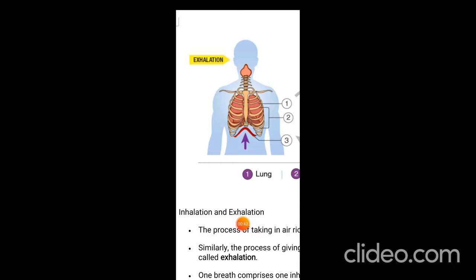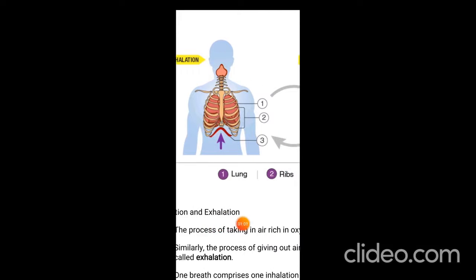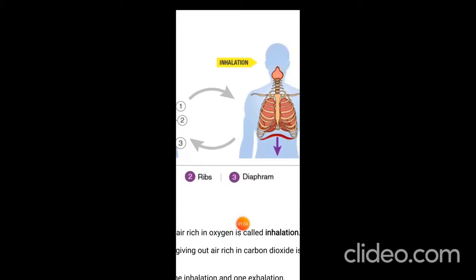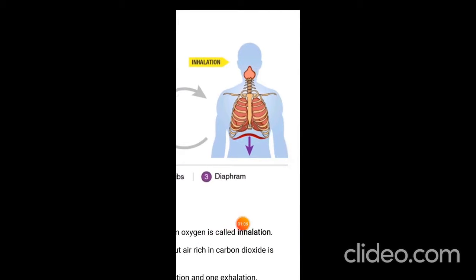When we are exhaling, the rib cage relaxes and the diaphragm also comes to a relaxed stage. Relaxed stage means it comes to a C-shaped structure. Then during inhalation, the opposite happens.